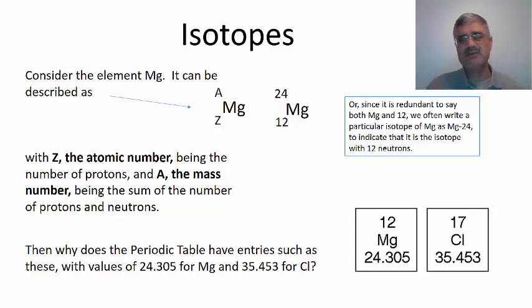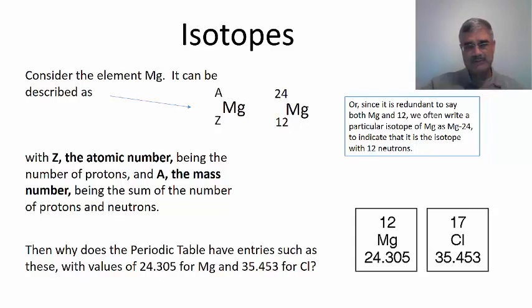Now sometimes putting the 12 is redundant with the Mg symbol, because if we say Mg, there must be 12 protons. But for sake of clarity, we oftentimes write the 12 as well. So, okay, then why does the periodic table, which I know you've looked at now from the last lecture, have entries such as the ones shown? Under magnesium, if you look at the periodic table, you'll have 12 for the number of protons.